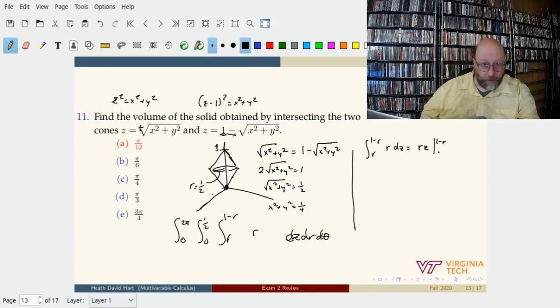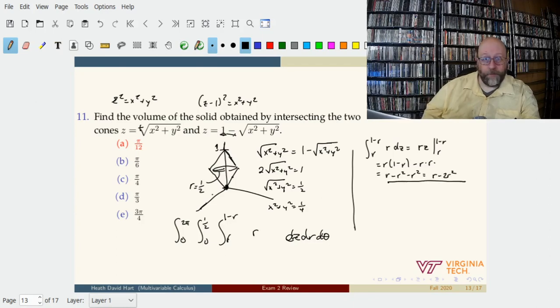Plug in 1 minus r and r, and so we get r times (1 minus r minus r). This is r minus 2r squared. Now we're going to integrate that from 0 to 1/2, r minus 2r squared dr.